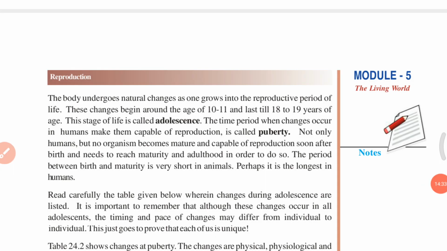Not only humans, all other organisms are like this. But the adolescent age is very short in most organisms, and it is a long period in the case of humans.